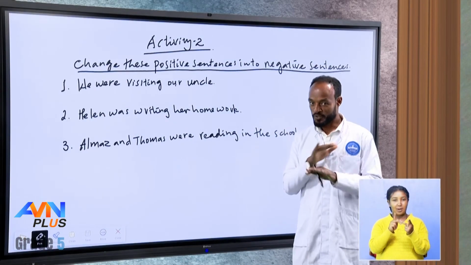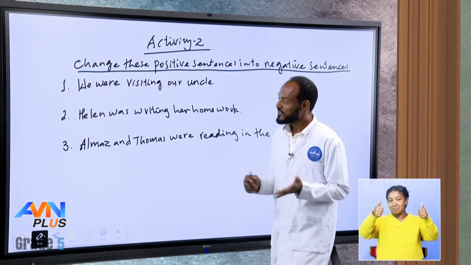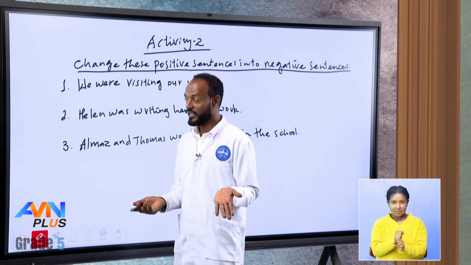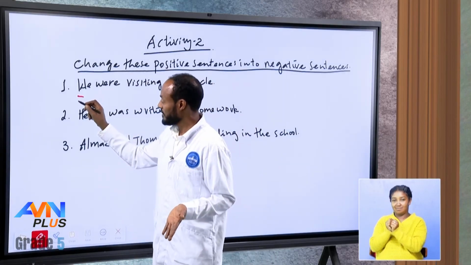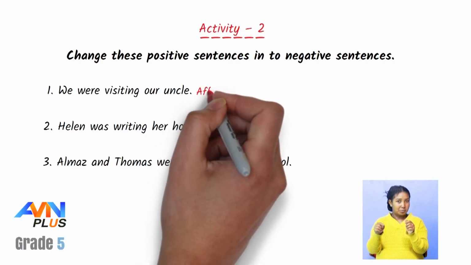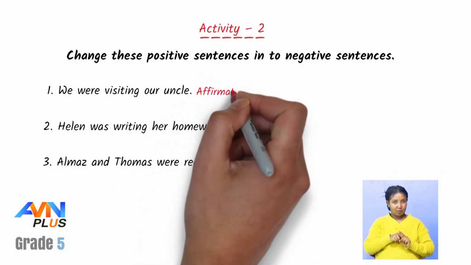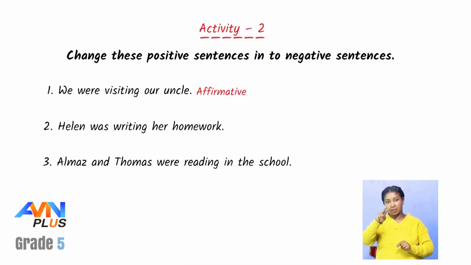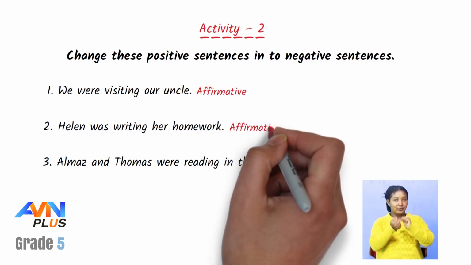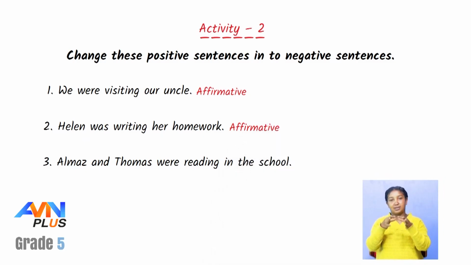Perfect. You did it. Nice. So, let's go to the answer. Check whether you are right or wrong. Here, the first one is just given in what? Affirmative, isn't it? This one is an affirmative or positive sentence. We will change them into negative.